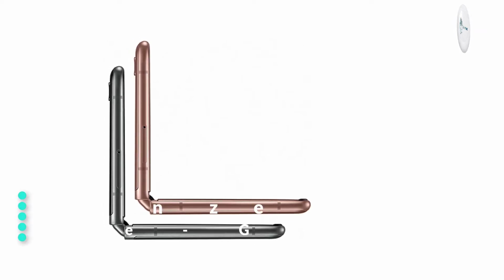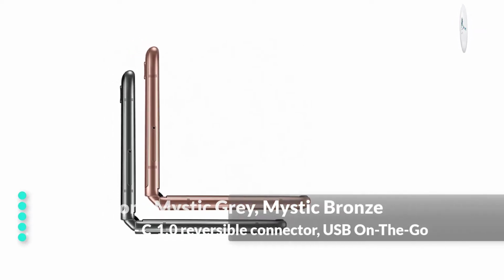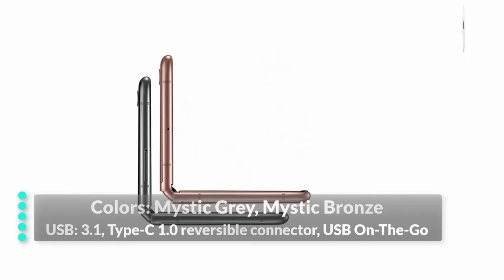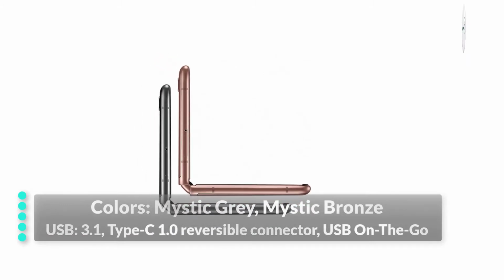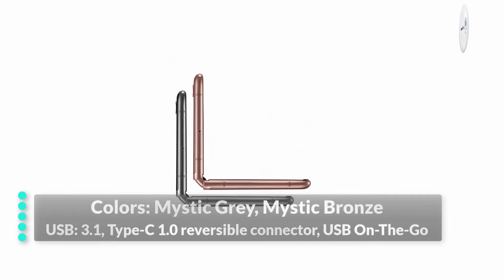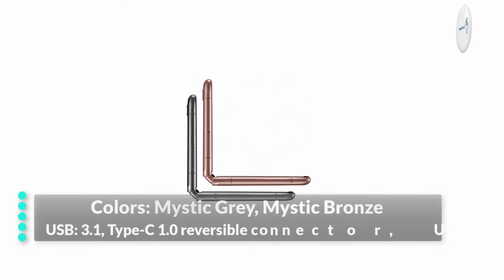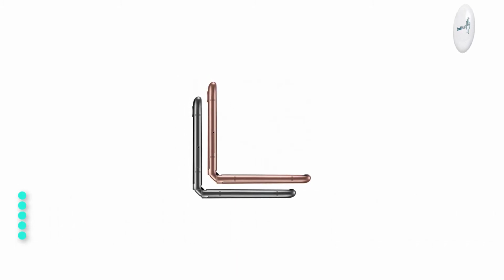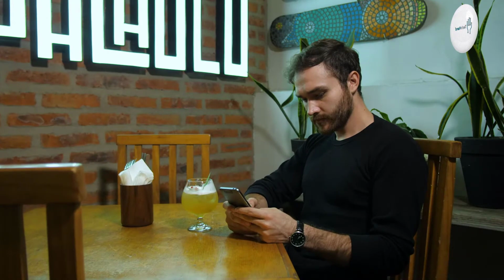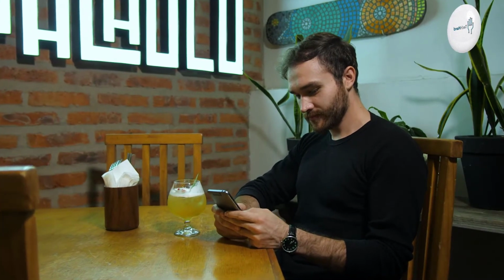The phone is coming in two colors and the two colors are Mystic Grey and Mystic Bronze. The USB has micro USB 3.1 which is Type C, 1.0 reversible connector, USB on the go.